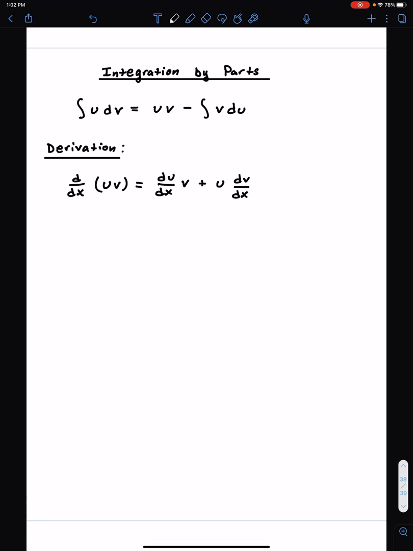If I multiply both sides by dx, I get the differential of uv is equal to v du plus u dv.